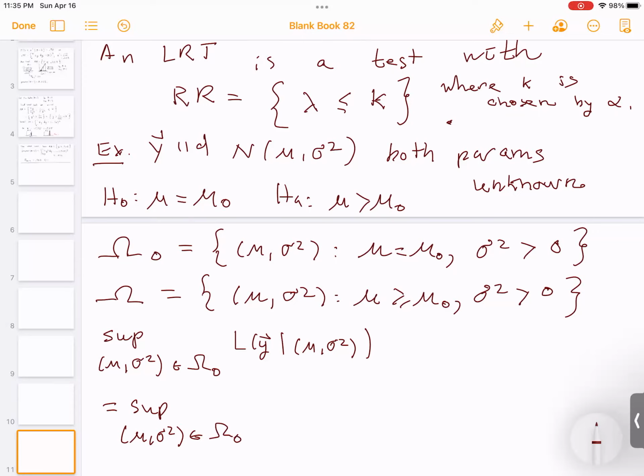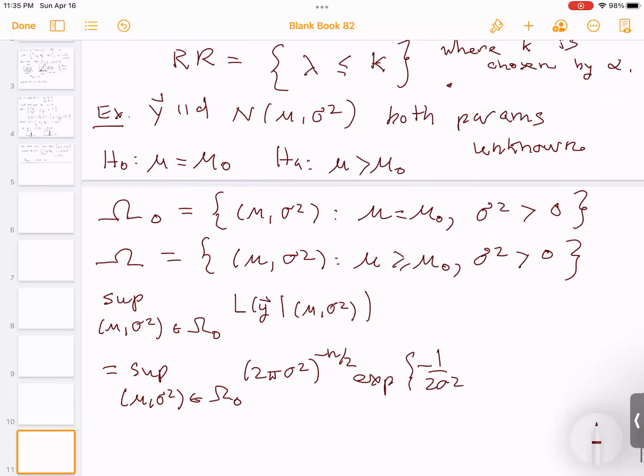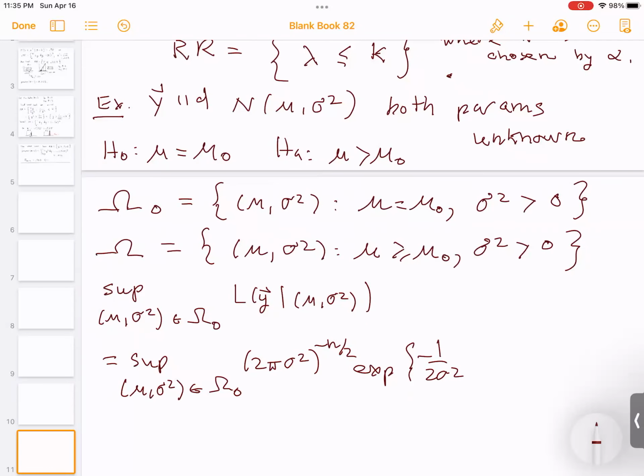Well, it's just what we just saw in lecture 18. It's 2 pi sigma squared to the minus n over 2 times exp of minus the sum of yi minus, now I know this value, mu 0 squared.